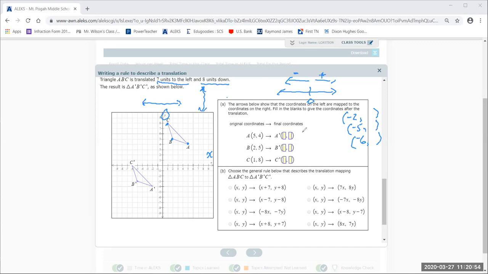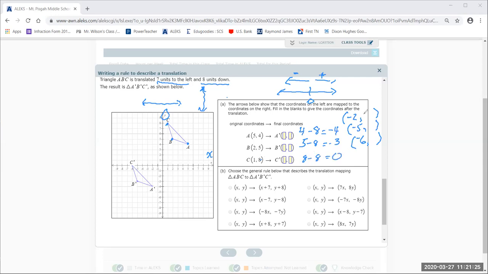So we're going to take these 4, 5, and 8, and subtract 8 from them. 4 minus 8 is -4. 5 minus 8 is -3. 8 minus 8 is 0.